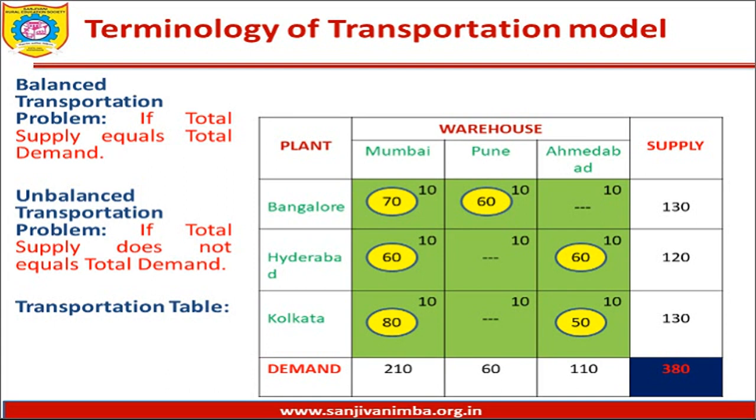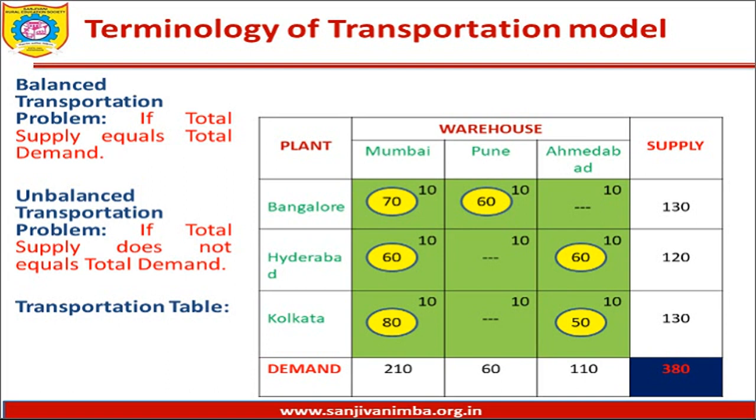Now you can see from the second cell, there is a value 60 and 10. It indicates that from the same plant, that is Bangalore, the company is going to transfer 60 units to the Pune warehouse, whereby the cost of transportation from Bangalore to Pune is rupees 10. Similarly, in the third cell, there is a dash and 10.